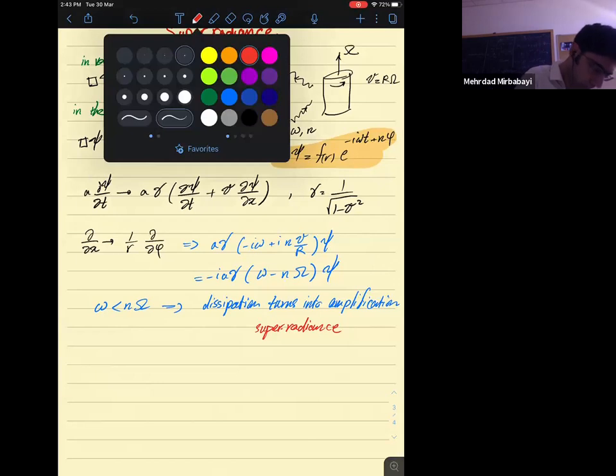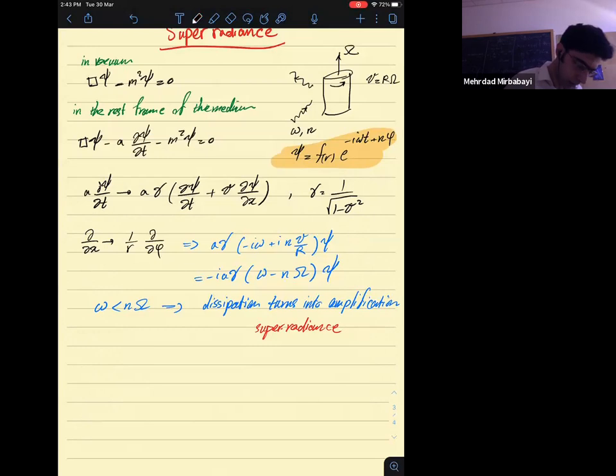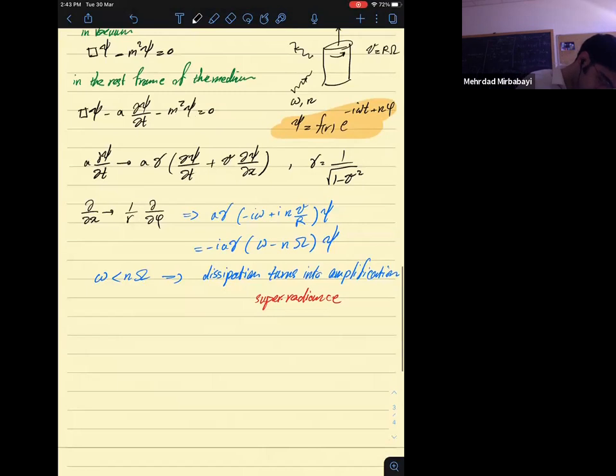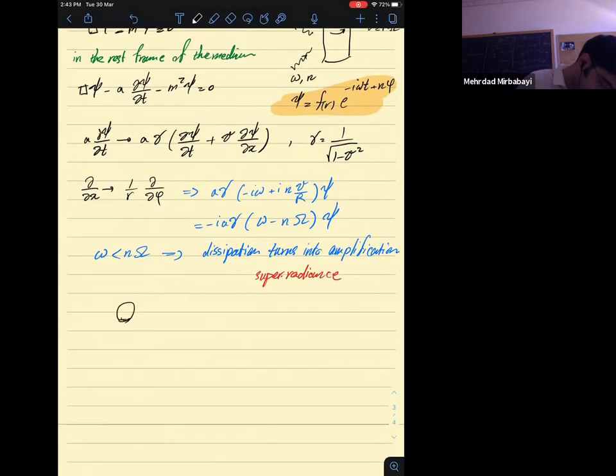So let us look at it from above. There is this rotating cylinder, and what we can do is just put some mirror.